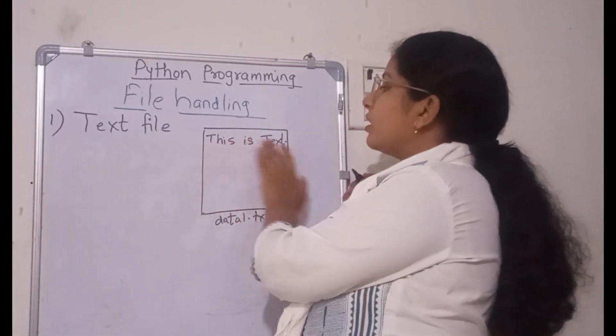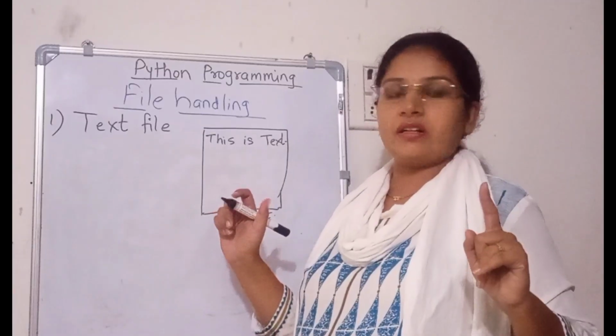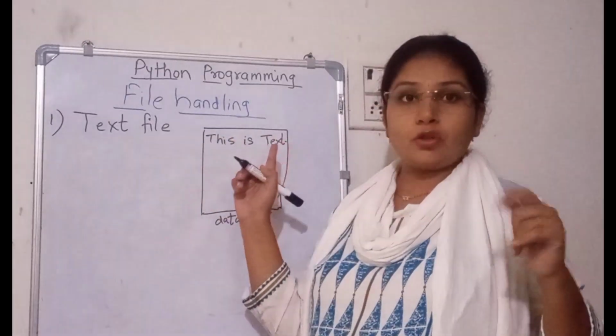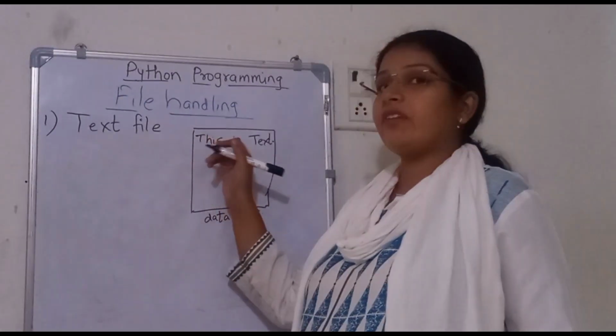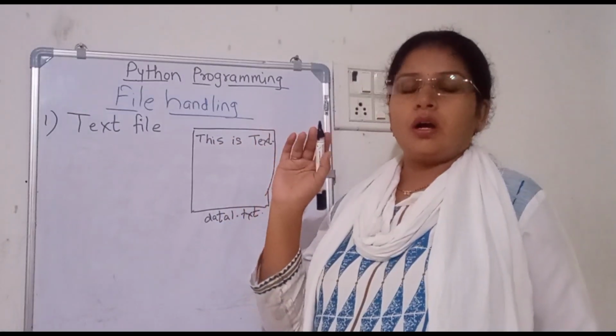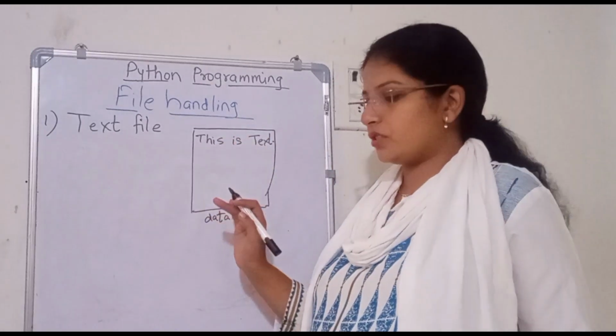Whenever you are considering the characters, you must consider all the characters including white space. You are going to consider each and every character, which you need to remember while operating with this file.